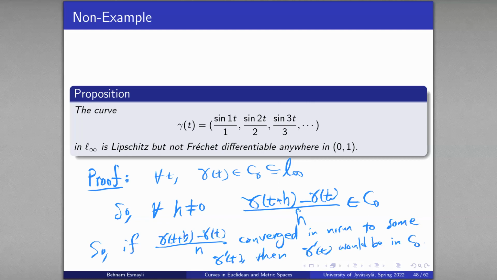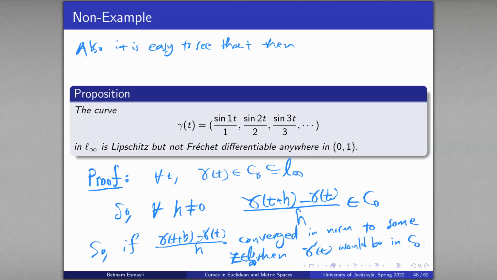We can also look at it component-wise. It is easy to see that if this quotient converged to some gamma prime of t, then, let's give this a different name, if this converges to some z, a vector in L infinity, that's the definition of Fréchet differentiability, that this quotient converges to some vector in our space.